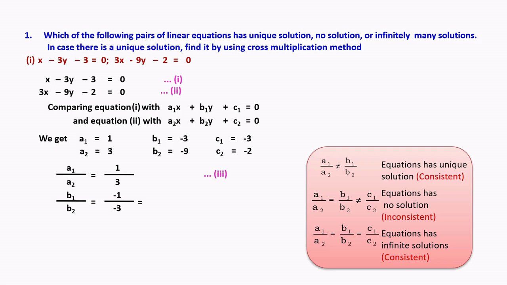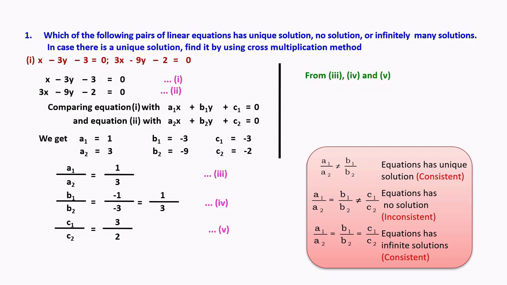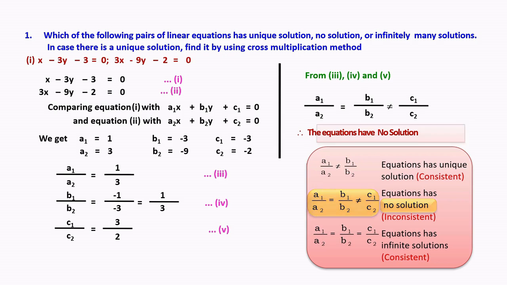Now find the ratios. a1 by a2 equals 1 by 3. b1 by b2 equals minus 3 by minus 9, which is 1 by 3. c1 by c2 equals minus 3 by minus 2, which is 3 by 2. Now compare the ratios. a1 by a2 equals b1 by b2, but not equal to c1 by c2.